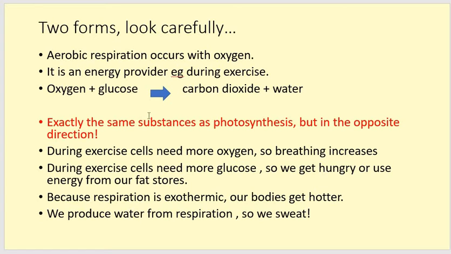This is exactly the same substances as photosynthesis, but the direction is reversed. So we start off with what would be the products of photosynthesis, and we make what would be the reactants for photosynthesis, but they're not here. But it does mean it's easy to remember because you've still got the same 4 substances, a different order.